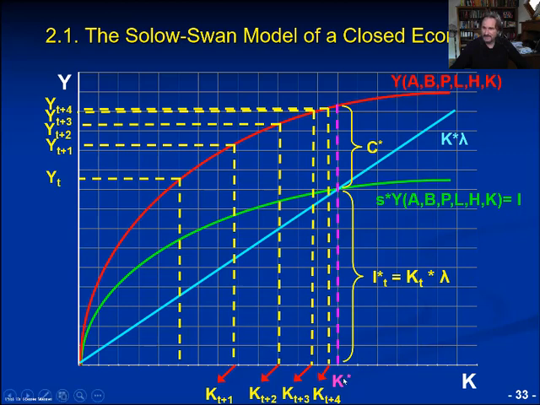So K star is the capital stock level where capital stock growth and as a result also GDP growth ends. Net investment is zero in this point. This is what we have already called the steady state.